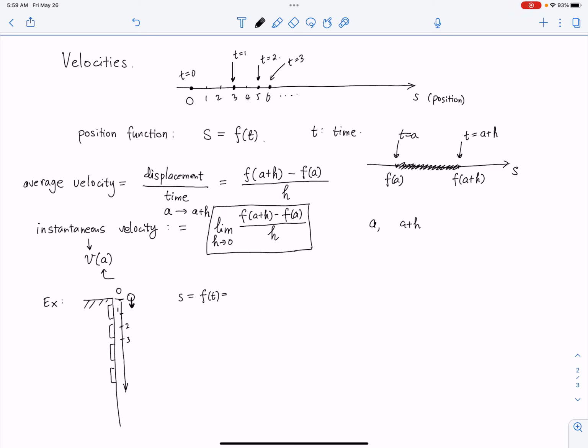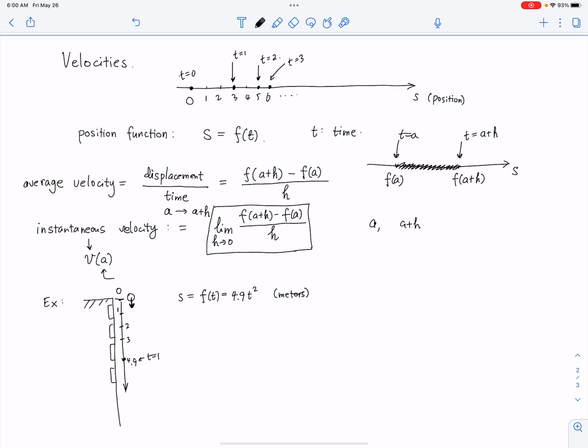Okay, so this is the position, and physics rule tells us this is 4.9 times t squared, and that's in meters. So t is in seconds, which means if you drop the ball, after 1 second the ball will be 4.9 meters from the starting point.